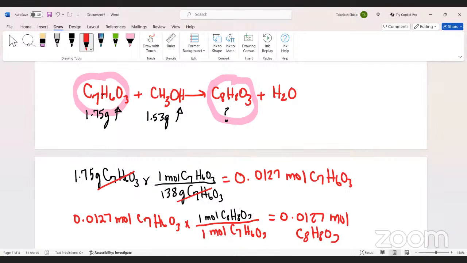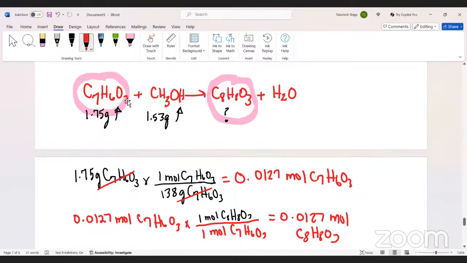First thing I had to do was go from grams of C7H6O3 to a mole. And then from the moles of what I just found for C7H6O3, I then do the mole to mole ratio for C8H8O3 because I'm trying to determine how much of that is going to be produced.